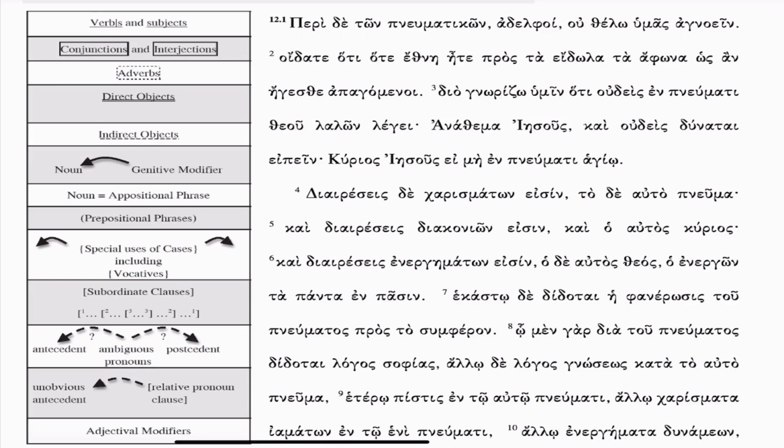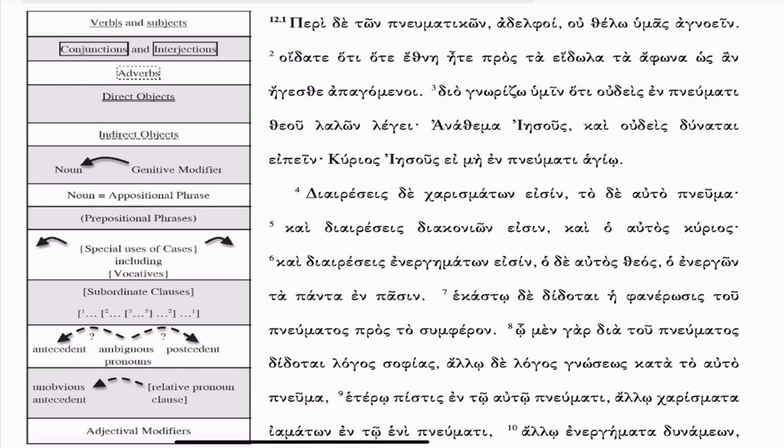Now, I have the text of 1 Corinthians 12 and following, and I'm going to do a verse or so at a time, just short little videos. For those of you who are watching, you'll be able to see me mark up the text. For those who might be listening, I'll be reading the text and then explaining what I'm doing, and maybe you can visualize that as you're listening. So let's jump right in.